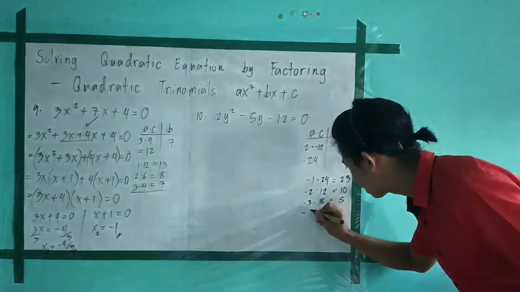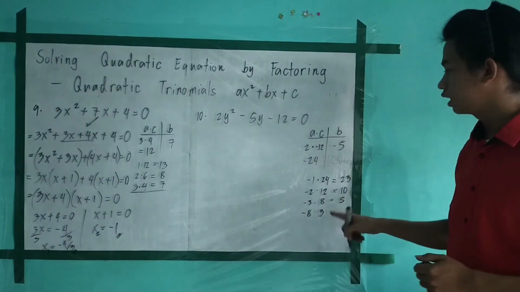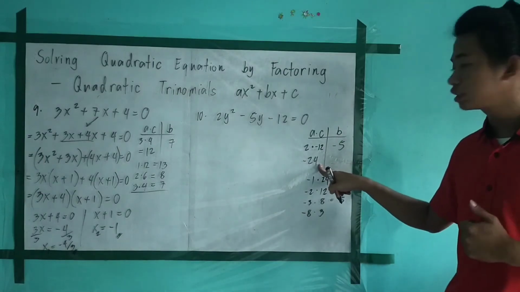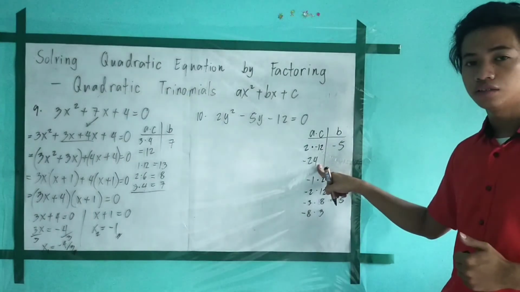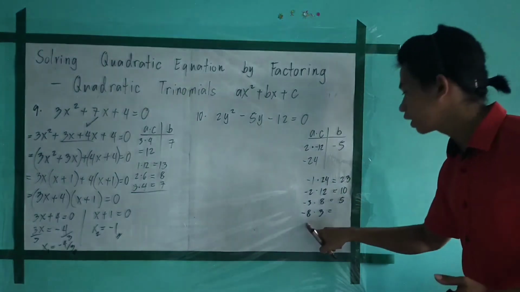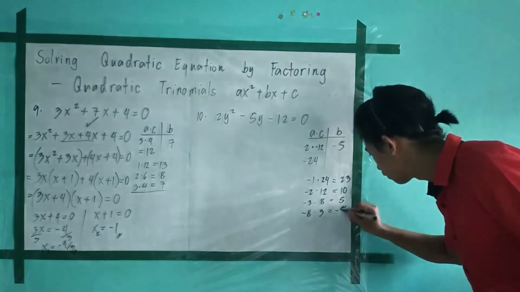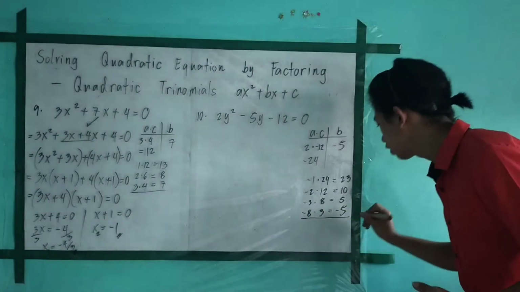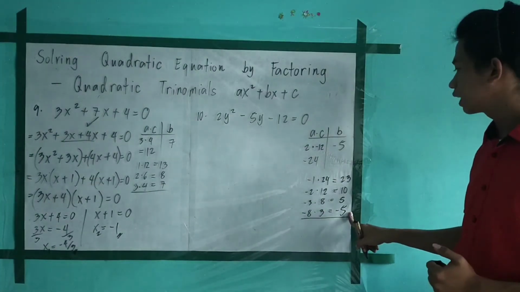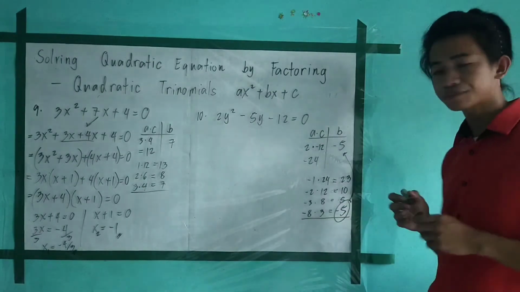So, magkakaroon tayo ng negative 8 times 3, since yun ay isa sa mga factors ng negative 24. Next, anong sum kapag negative 8 plus 3? We have negative 5. Ayan, ito na yung magiging factors natin since pareho na sila sa b natin.